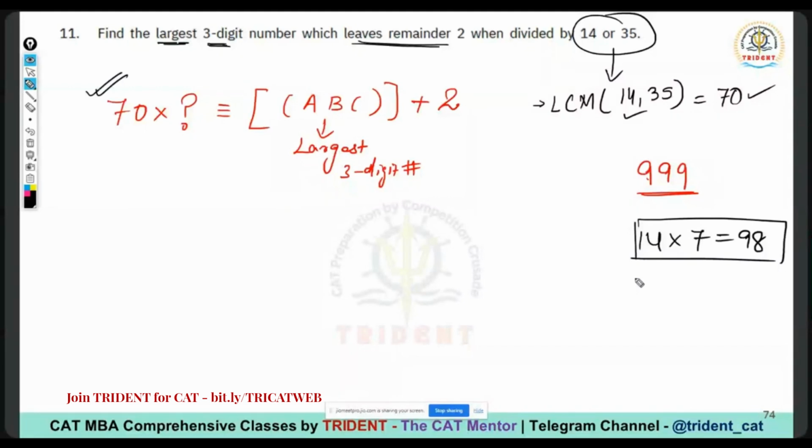So the largest three-digit number with 70 is 980. This is coming through 70 into 14. But is this my answer?